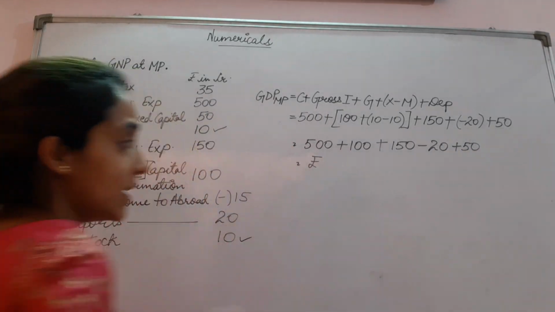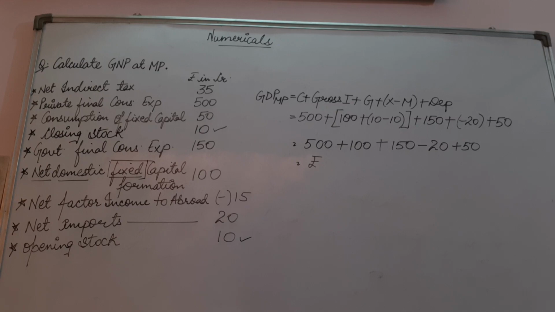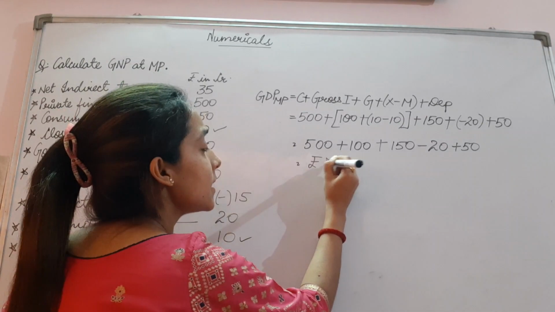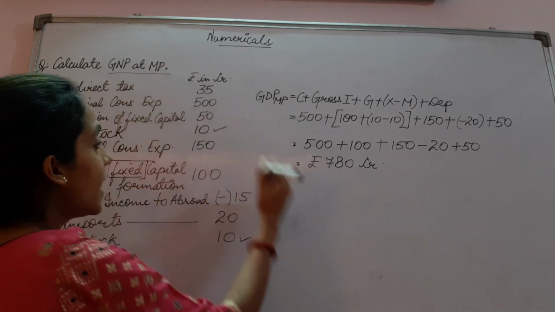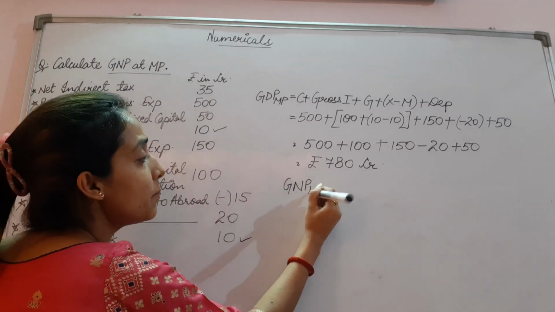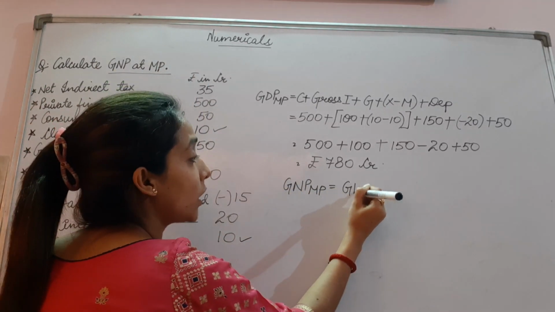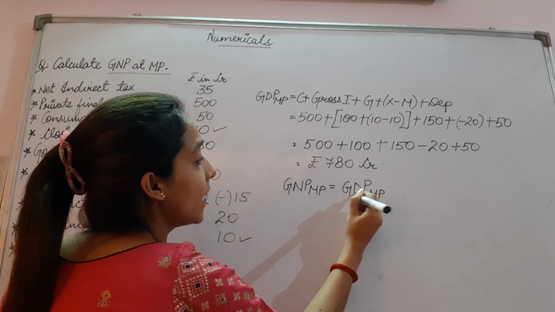500 plus 100, because 10 minus 10 will be 0, plus 150 minus 20 plus 50. It will be rupees 780 crores. What do we have to calculate? GNP at MP. And what do we have? GDP at MP.